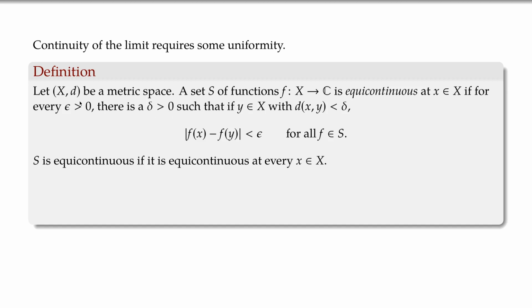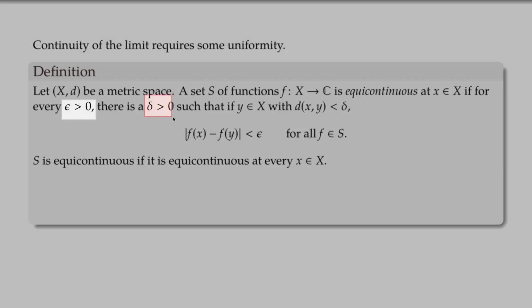For every epsilon there is a delta such that whenever y is within the delta ball of x, f of y is within epsilon of f of x. But there's this added thing: it's supposed to work for all f in S, so the choice of delta is supposed to be uniform over S. That's basically what equicontinuous means.